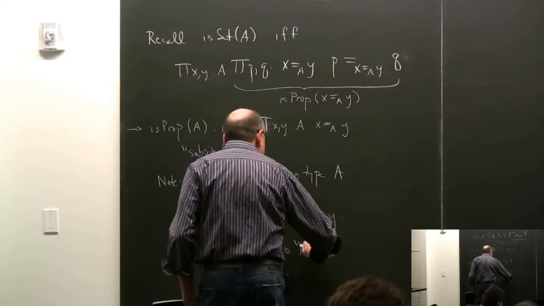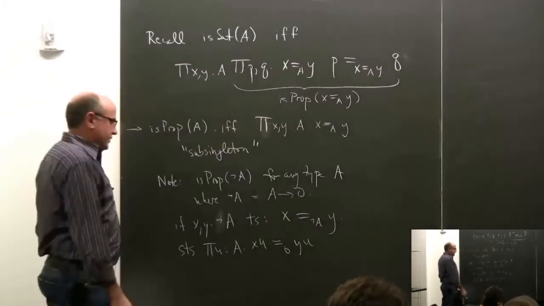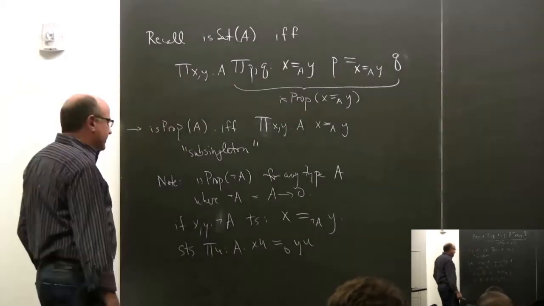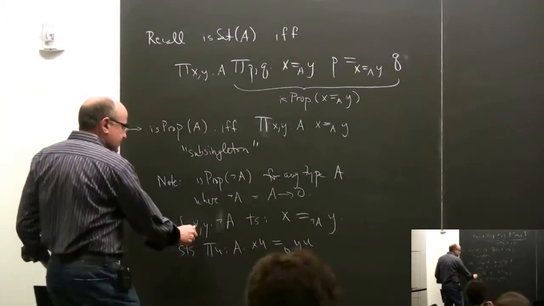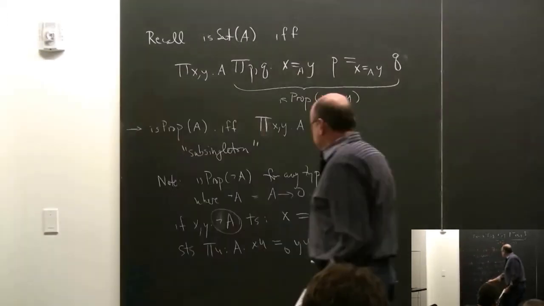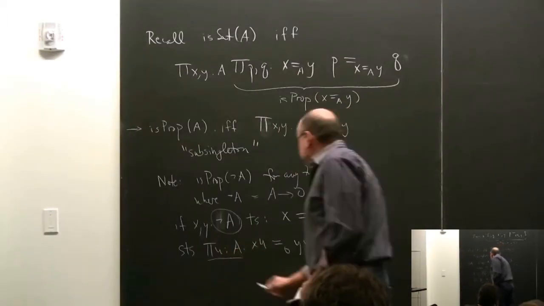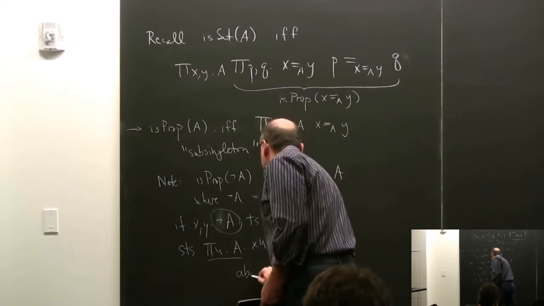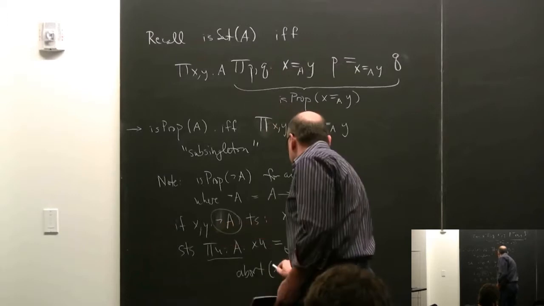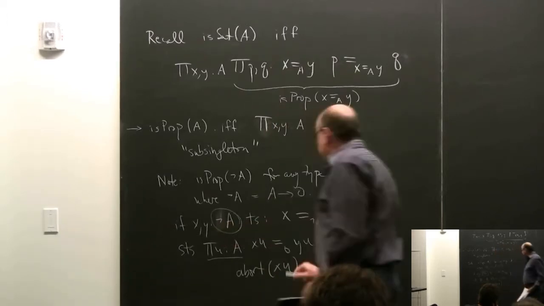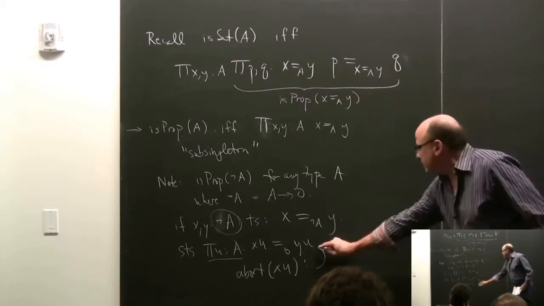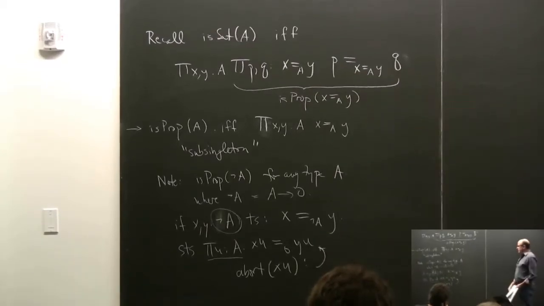Because that's just function extensionality, since that's a function type. If we have the assumption that x and y are in not A, and we have a u in A, then obviously the evidence for the equation is going to be by abort on our assumption. Let us take x applied to u, whichever one you like, it is going to have this type, and therefore the equation will be true, because we have a contradiction.